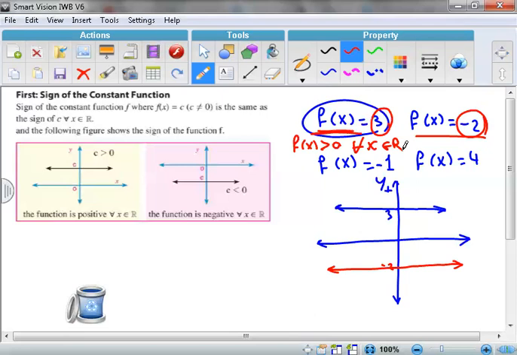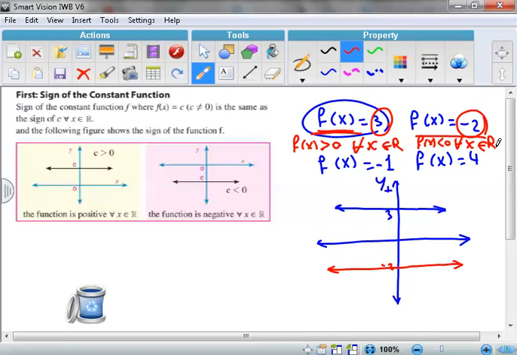Here, f of x equals negative 2, we say f of x is less than 0 for all x belonging to R. For every real number, f of x is less than 0.